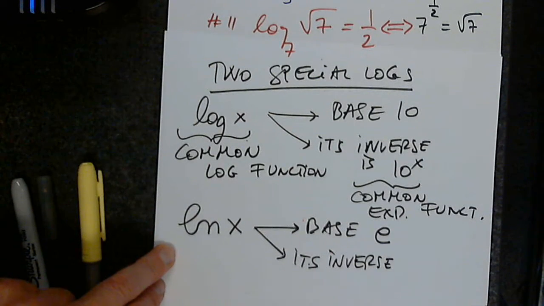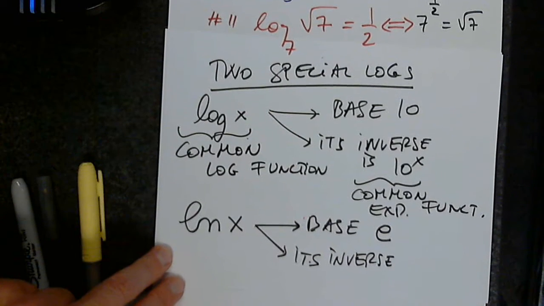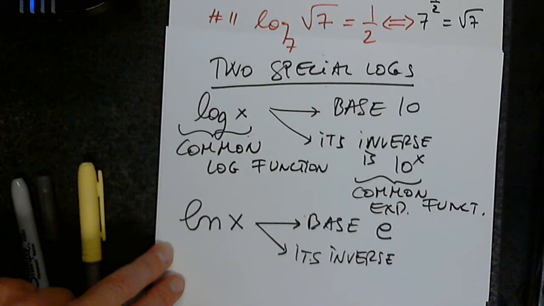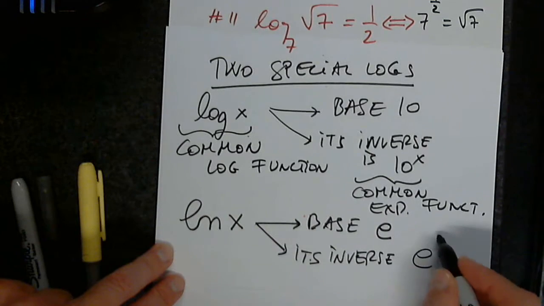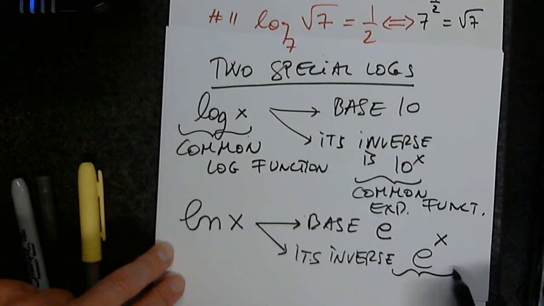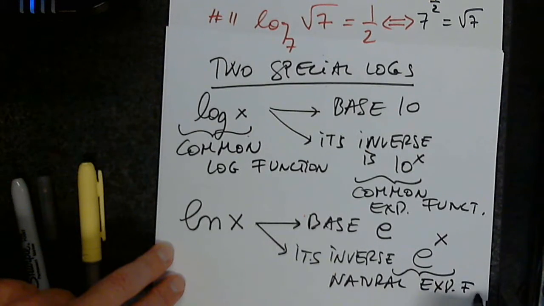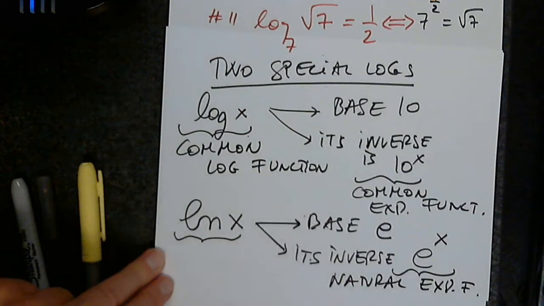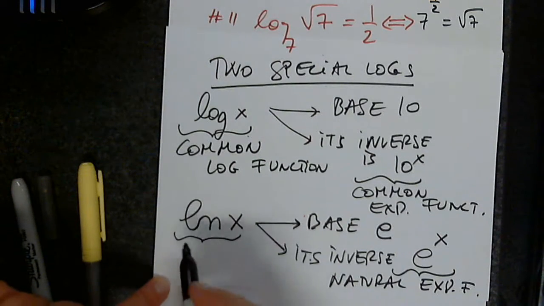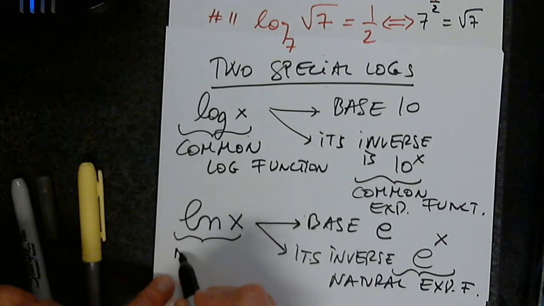Is that ln? Yes, ln. I'll tell you what it is in a minute. e to the x. Very good. This is called the natural exponential function. How do you think this is called? Natural log. Exactly.